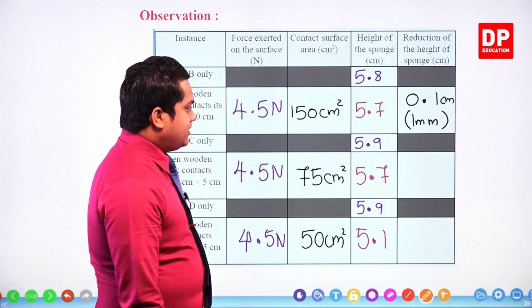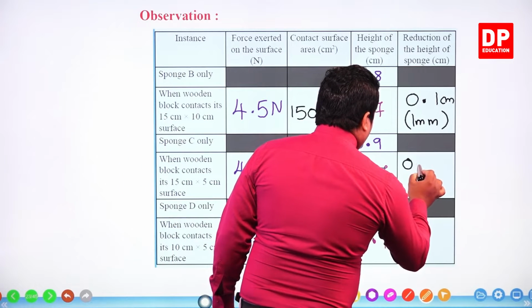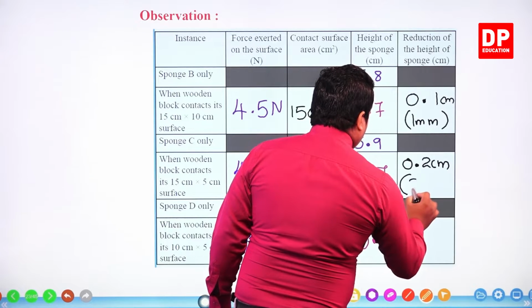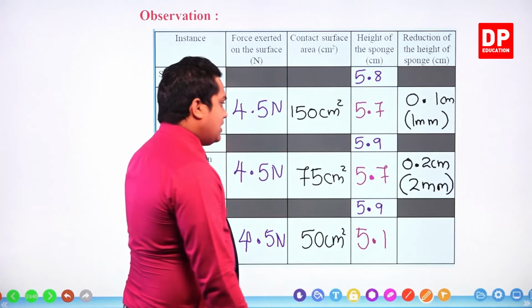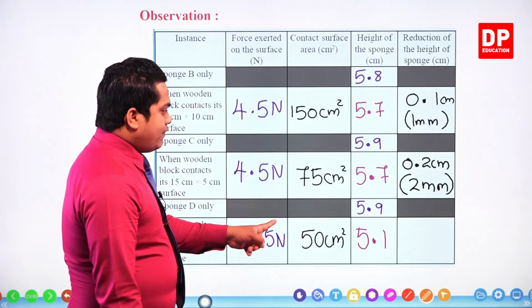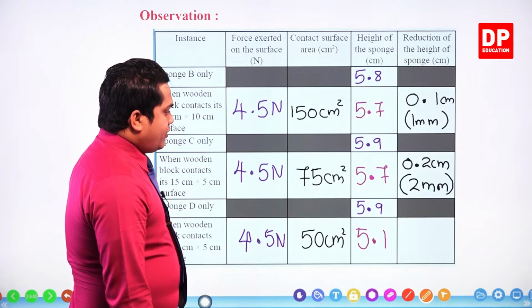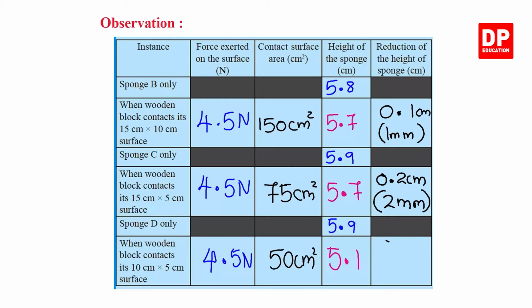The difference is 0.2 centimeters, which is 2 millimeters. In the third step, 5.9 to 5.1. Difference is 0.8 centimeters, which is 8 millimeters.